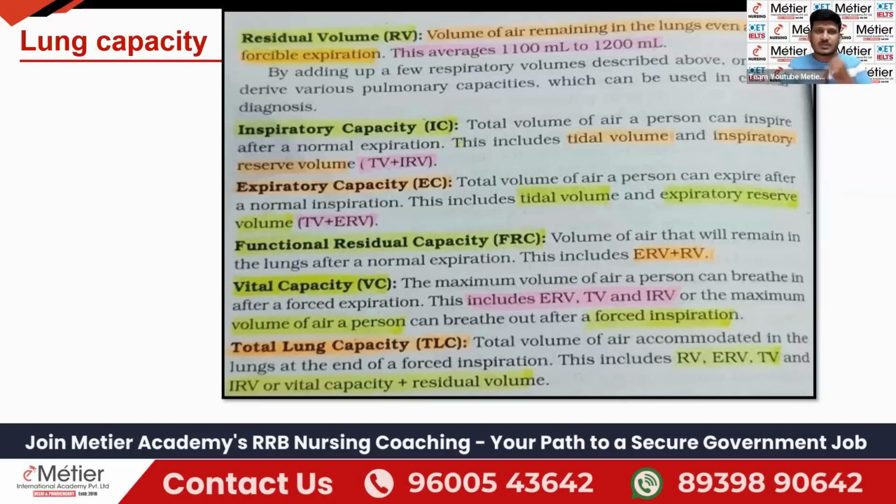The first one is inspiratory capacity, second expiratory capacity, functional residual capacity, vital capacity, total lung capacity. So totally 5 capacities are there. All these 5 are very, very important. There are separate formulas and separate values. All these things are memory based. You're supposed to memorize it, and the definition you have to understand with the rationale. Understand? Fine. So let's begin with the residual volume.